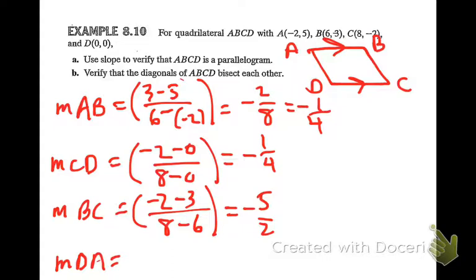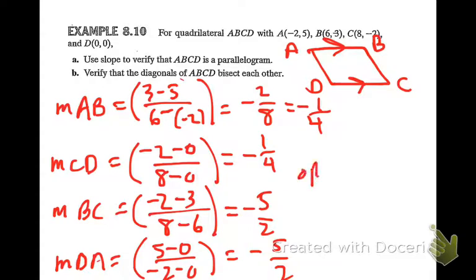M of DA is equal to 5 minus 0 over -2 minus 0, which is equal to -5/2. Okay, so the opposite sides are parallel.